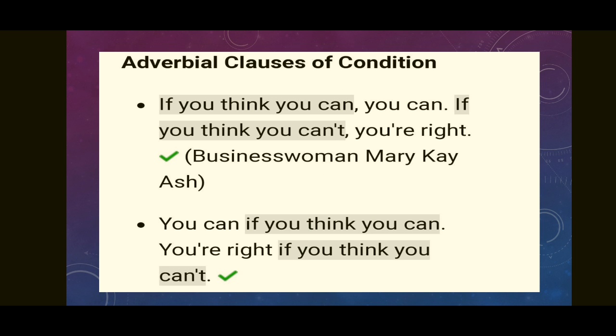Businesswoman Mary Kay Ash. You can if you think you can. You are right if you think you can't. These are examples of a condition. If you think you can, this is a condition. If you think you can't, you are right. It depends on the situations and the conditions.